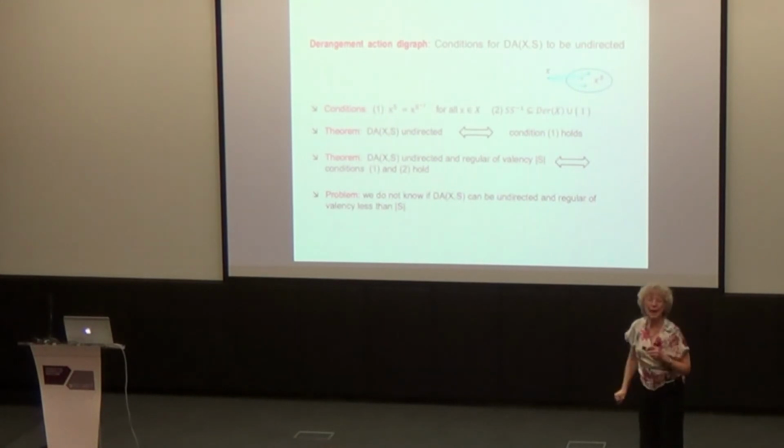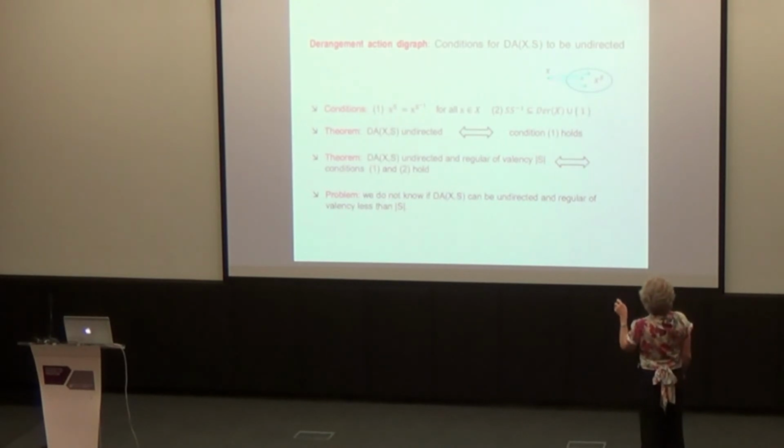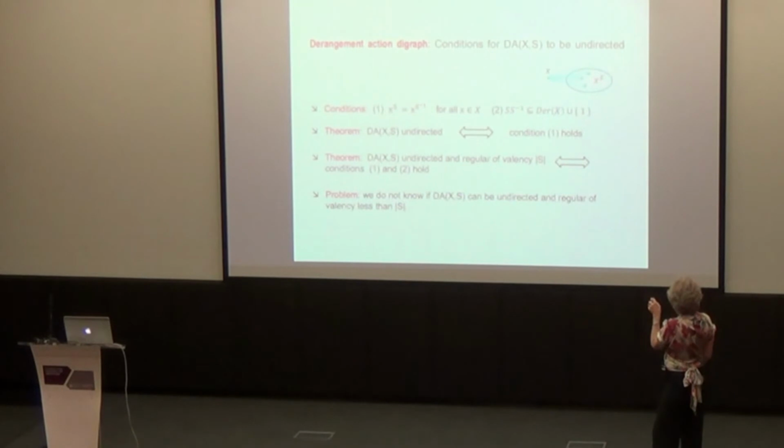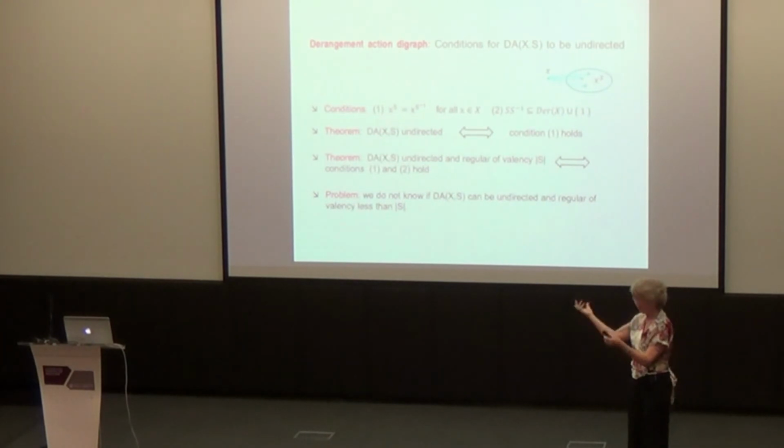So, conditions for these derangement action graphs to be undirected. Okay, so you can see from the definition, if you take a vertex x, the out neighbours are all of the images of x under the elements of the set capital S. And the in neighbours would be, similarly, all the images of x under the inverses of the permutations in S. So the graph is undirected if and only if for all x the out neighbours and the in neighbours are the same.